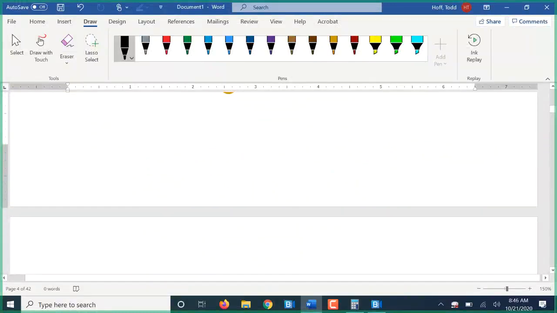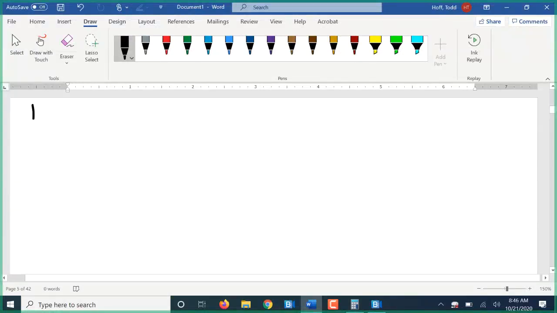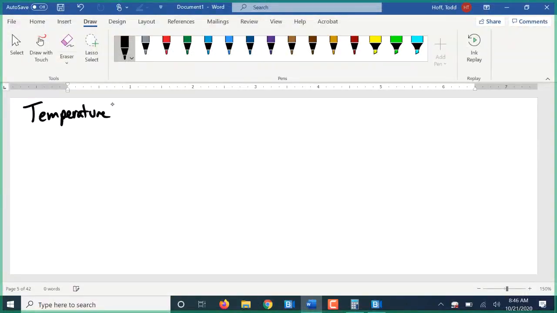So our main conversion for today is we want to talk about temperature. Now, when we talk about temperature, we have a couple of benchmarks.